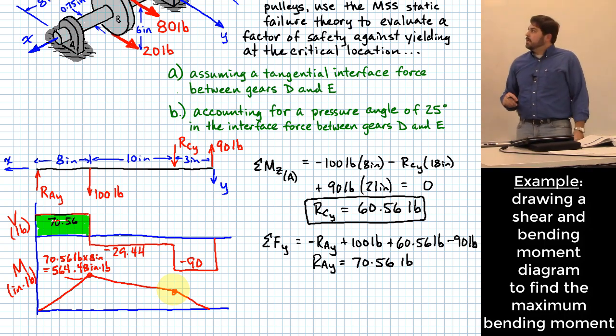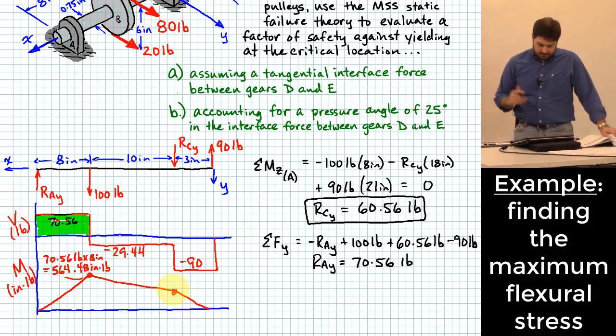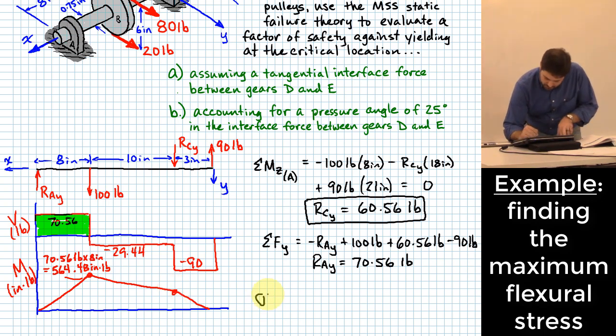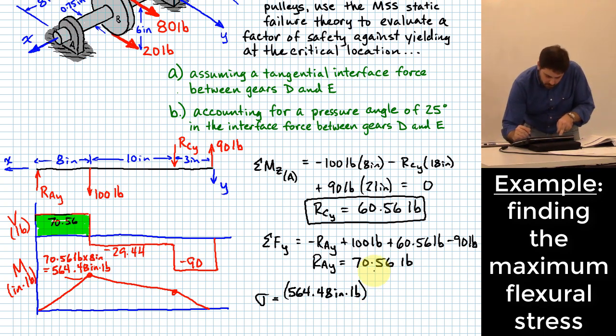All right? And what do I do with that information? I'm ready to do Mc over I, someone suggested, right? So my stress now is going to be equal to that moment, 564.48 inch-pounds, times C, which is again the radius, 0.75 inches over 2.